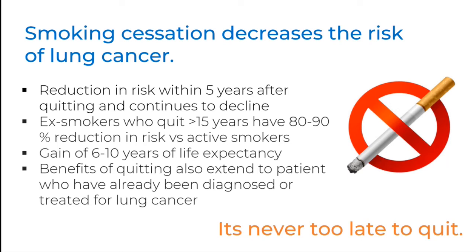Ex-smokers who have quit for longer than 15 years have up to a 90% reduction in lung cancer risk versus people who are actively smoking. And smoking cessation can actually add an extra 6 to 10 years of life expectancy in patients who have chronically smoked because of reduction not only in lung cancer, but other types of cancers.